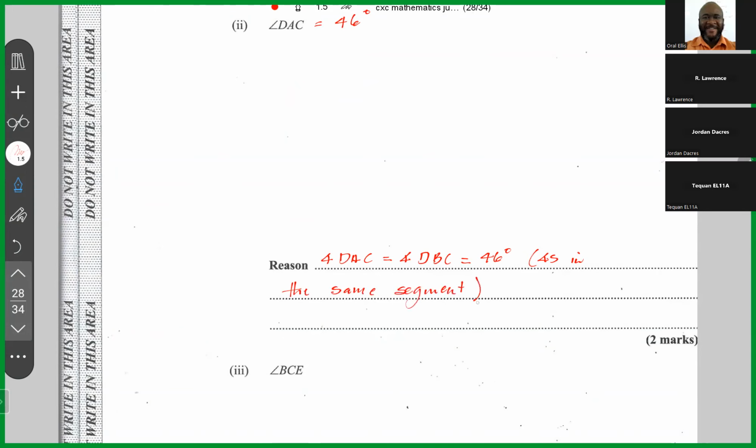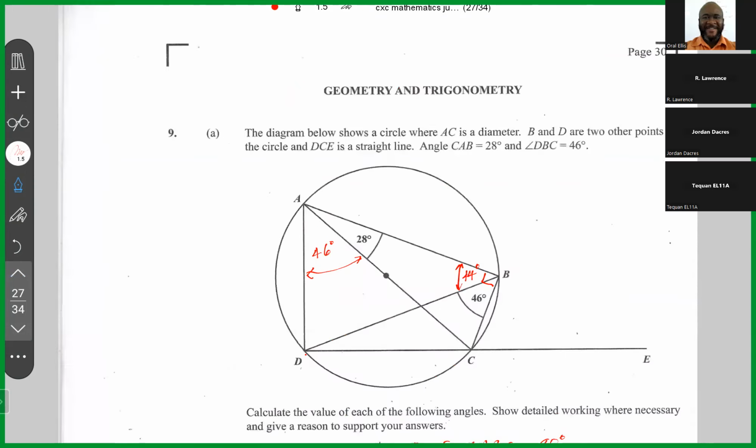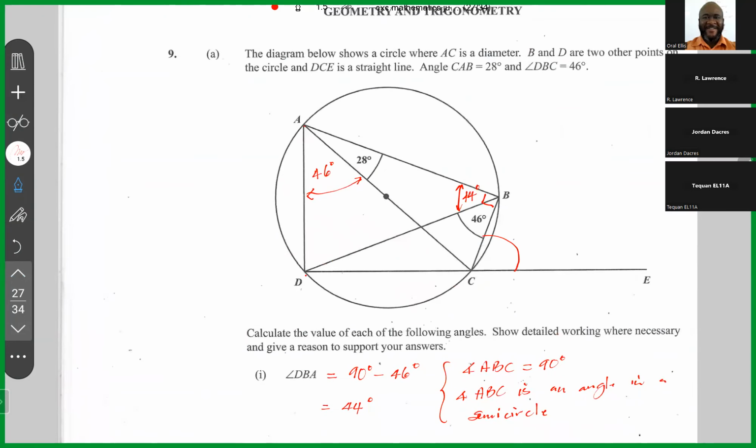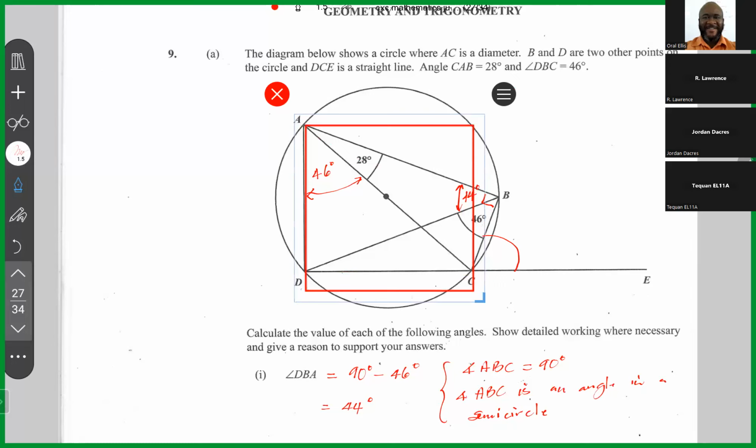Now, to find that out, we need to observe that ABCD is what you call a cyclic quadrilateral. All right, that didn't work so well. ABCD is what you call a cyclic quadrilateral. I'm trying to get this thing to recognize the shape.